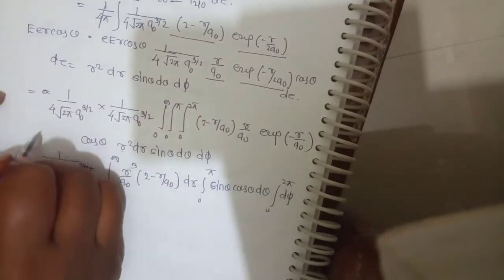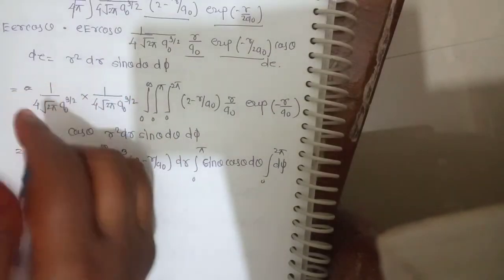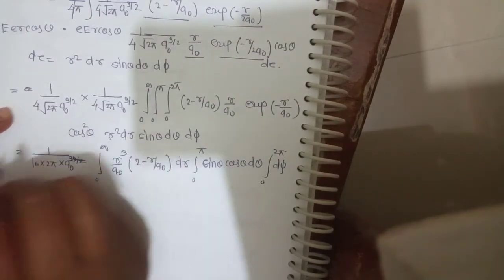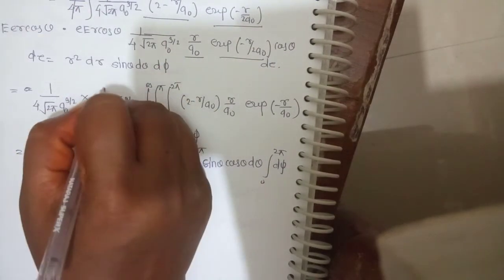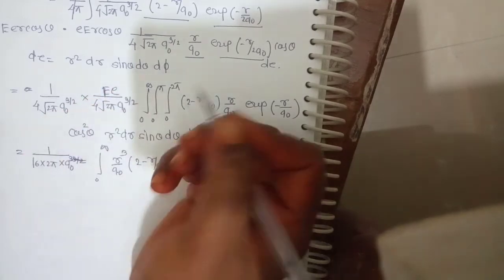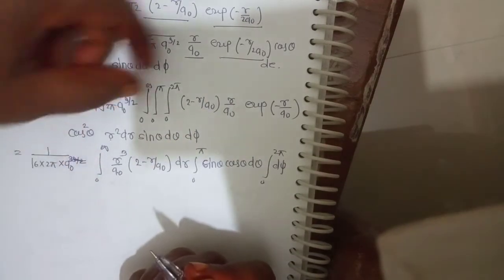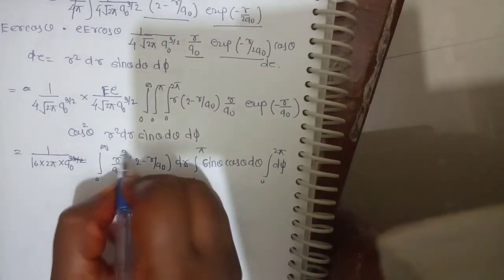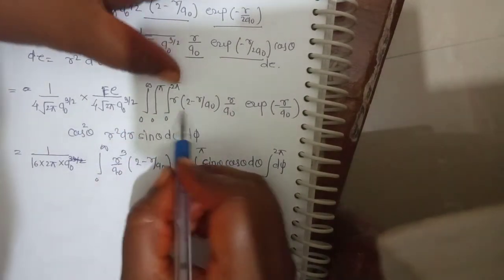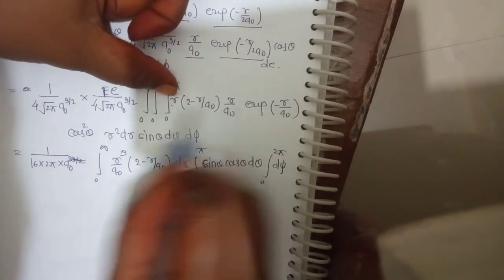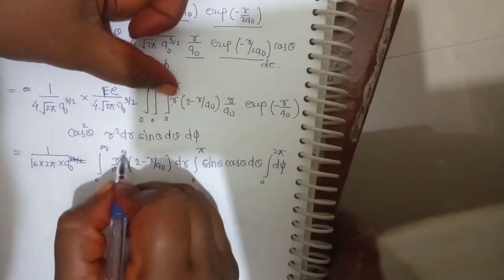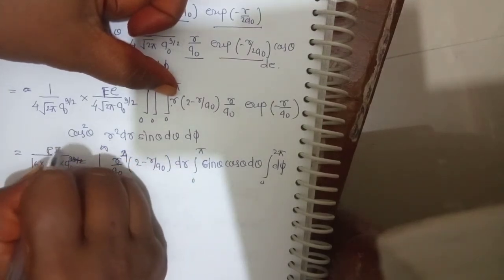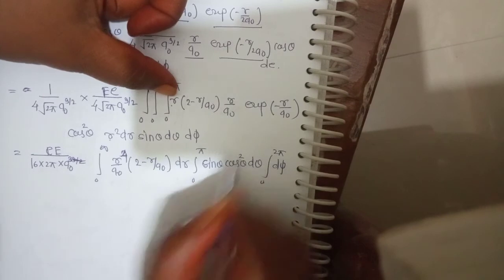Again here e r I am writing: e r cos theta, and that cos theta becomes cos square theta. Again I am writing e; both the terms are constant. So here r. Again its r cube becomes r to the power 4. Understand? Here e and here cos square theta.